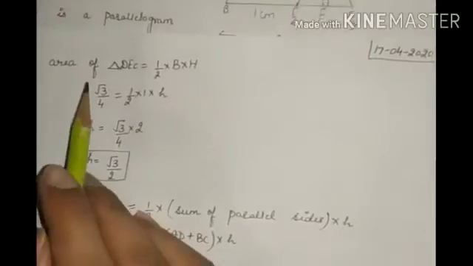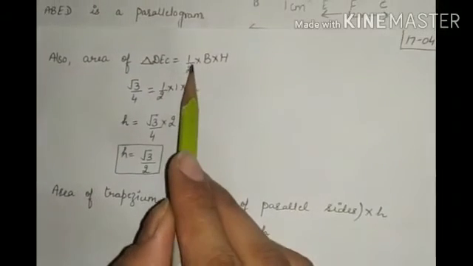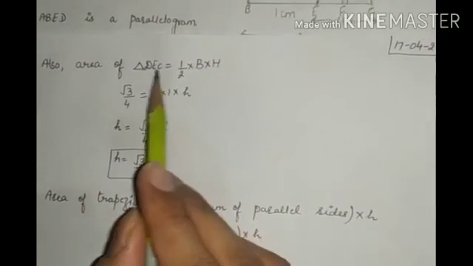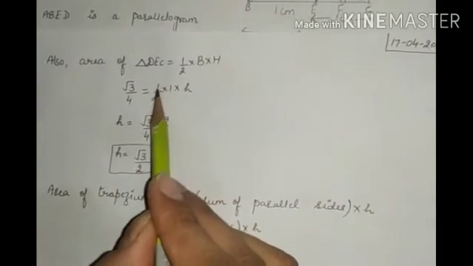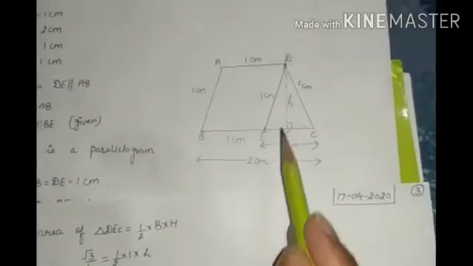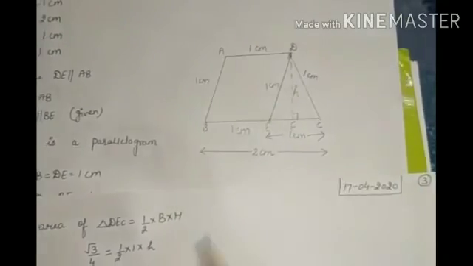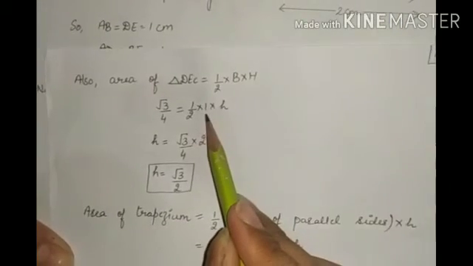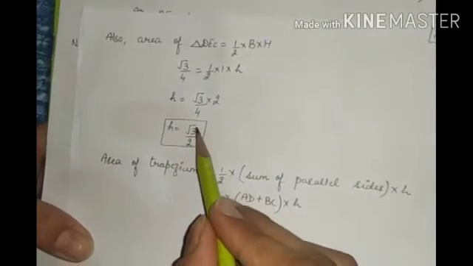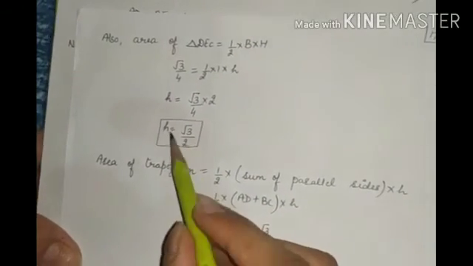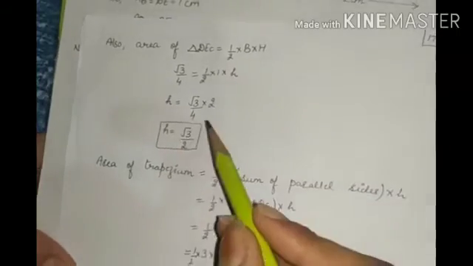Now apply the right angle formula, half into base into height. In this, area is root 3 by 4, it is equal to half into base EC, that is 1 centimeter, and height is H. So find the value of H, that is root 3 by 2. H is the height of this trapezium.